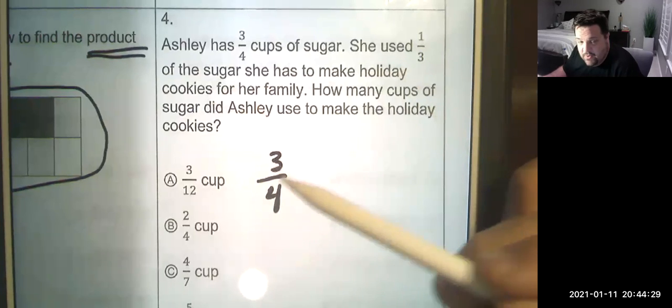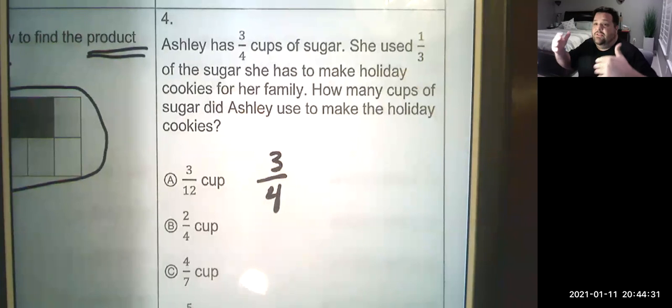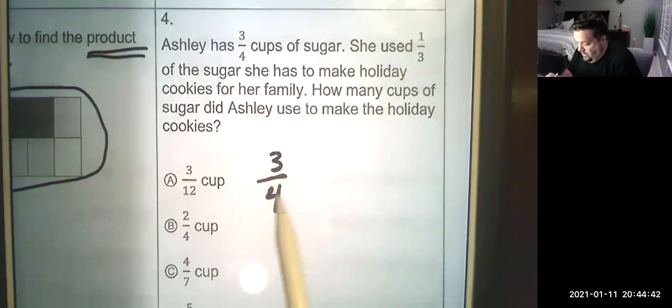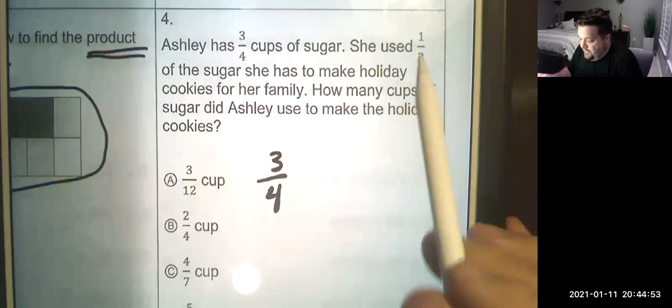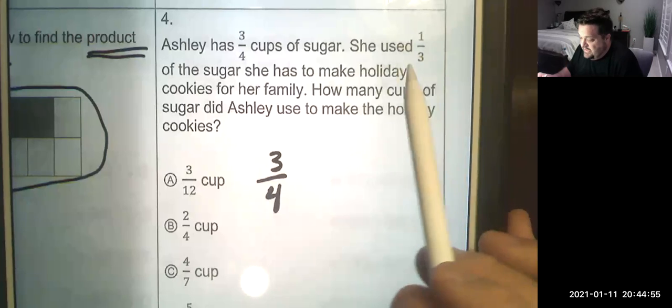So of this 3/4, a lot of you think she uses 1/3, and then you want to get all crazy and start subtracting, right? But you have to have a whole to subtract, right? So if you want to find what part of this she used, remember, when you take those fractions, you can get parts of it. That's when you have to multiply, right? A lot of you would have thought to subtract this because it says she uses a third of it.